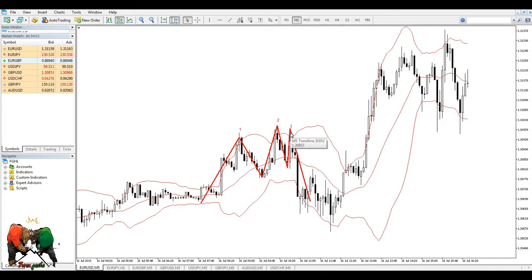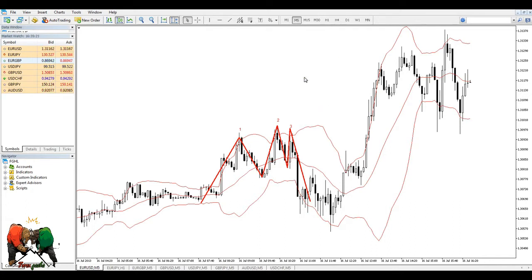Then it goes back up again, and the third peak, which is the second shoulder, is also rejected by the Bollinger Bands, and at that point it goes downwards. So these 3 rejections by Bollinger Bands, while also forming a head and shoulders pattern, tell us that it is very unlikely that the market is going to continue in an upwards direction.